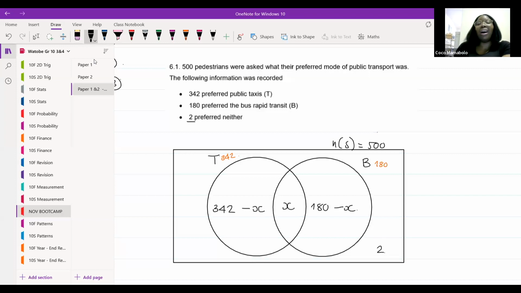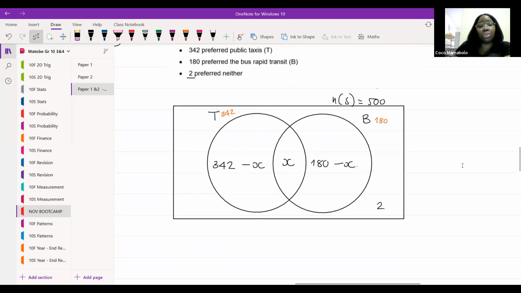All right, now I know that all of this together needs to add up to 500. So I'm going to go 342 minus X plus 180 minus X plus 2 is equal to 500. Now, negative X plus X will cancel, give us 0.